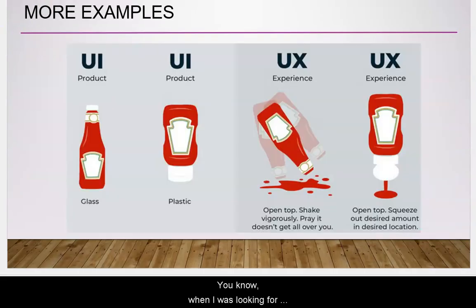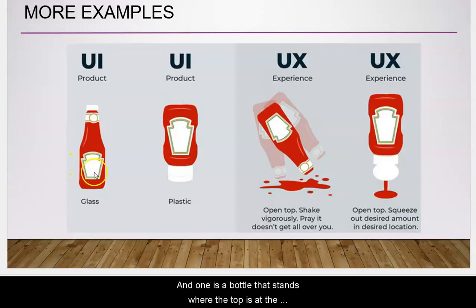When I was looking for images, I found this one, and I'm like, oh my god, that's just perfect for explaining the difference between user interfaces and user experience. So, user interfaces: it's a glass versus a plastic bottle. They're completely different in texture and in holding them, how you interact with them, definitely different.